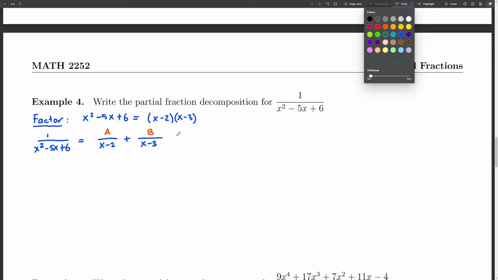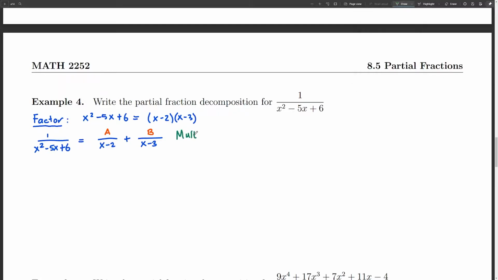So what we're going to do now is multiply both sides of this equation by x minus 2 times x minus 3. That's the denominator of the left-hand side. So if we multiply the left-hand side by x minus 2 times x minus 3, that will simplify to 1, as you can see here.